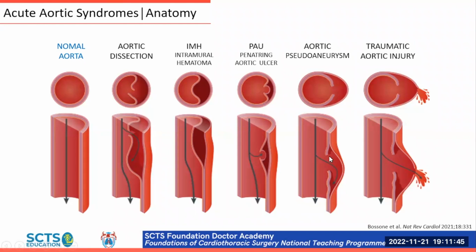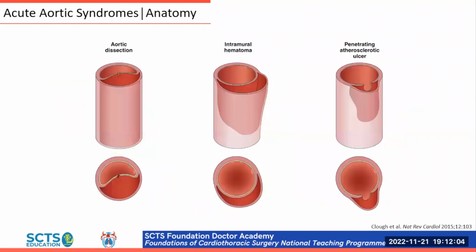An aortic pseudoaneurysm, again involving only a limited portion of the aorta, where in essence the aortic wall is just very thin. And the traumatic aortic injury, when there is a full rupture of the aortic wall.